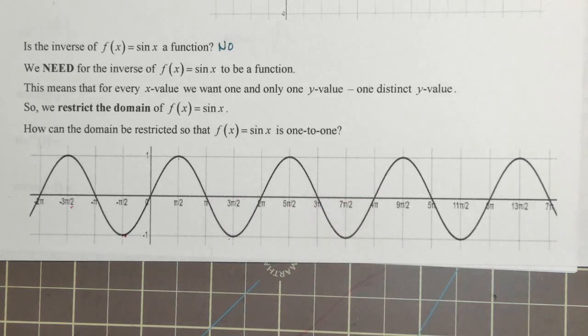So, which one should we use? Which one is the best? Well, this is arbitrarily done. However, somebody a long time ago said we need to keep the section that is closest to the origin, closest to x is equal to 0.